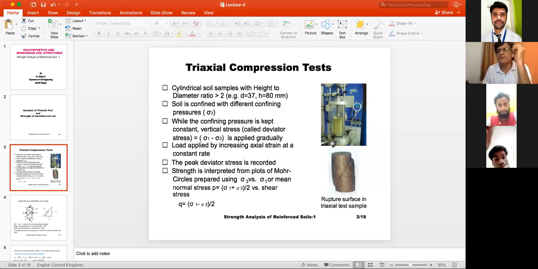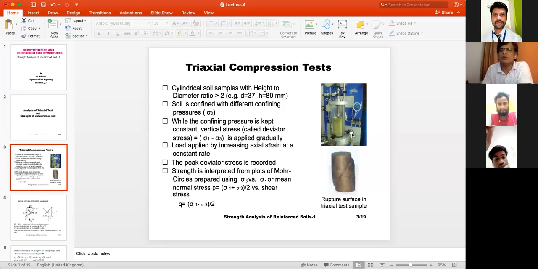Suppose in the field the confining pressure is X kilopascal, through the water you can confine the soil at X kilopascal. To resemble the field conditions, we apply the exact pressure. After that, we close the valve.